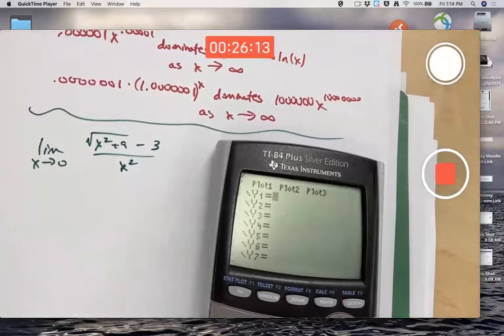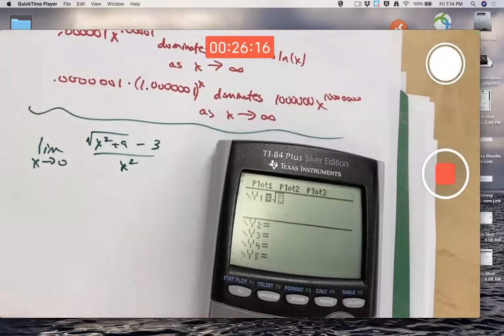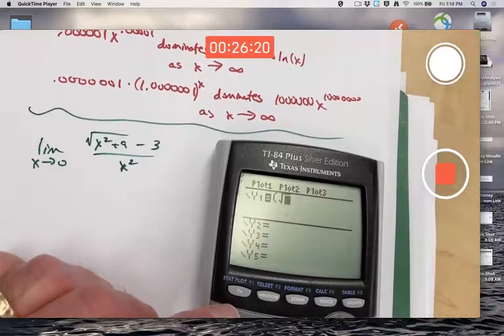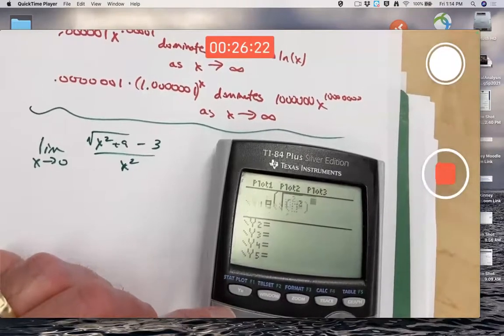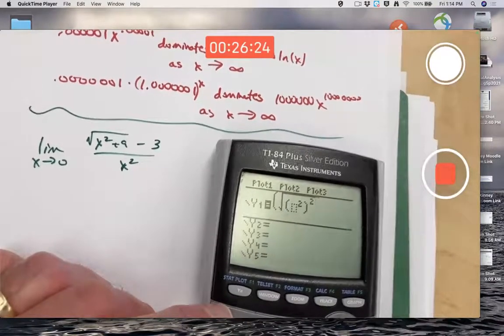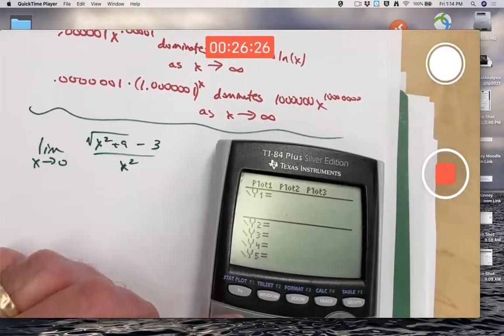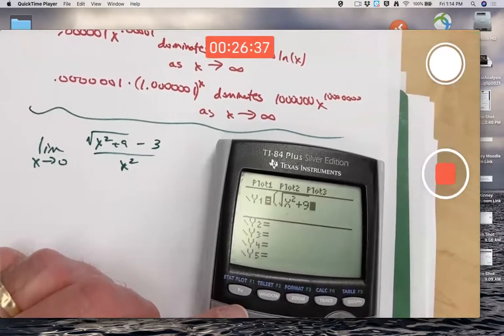So I'll plug in this function, square root, I need parentheses here. Square root of x squared plus 9 onto the square root, then put a minus 3, all divided by x squared.